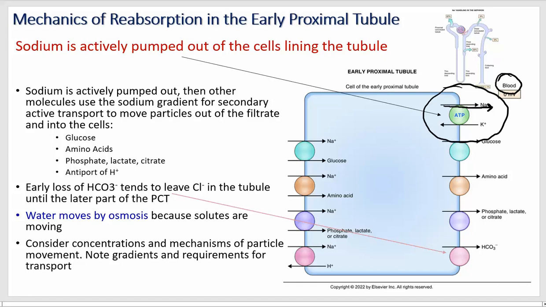Now, we know that what happens is that we have a sodium gradient. So we have a lot of sodium out here and not very much sodium inside the cell, okay? Which means that the cell is, of course, if we recall, negatively charged inside. So sodium has to be pumped out, and it really wants to get back in.